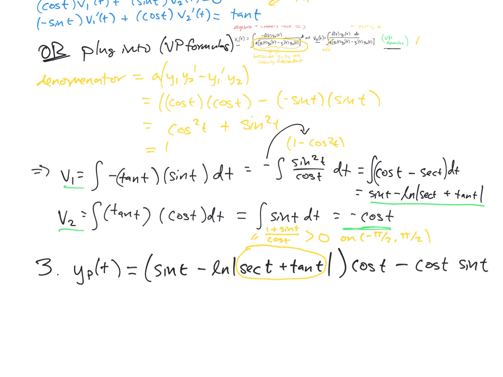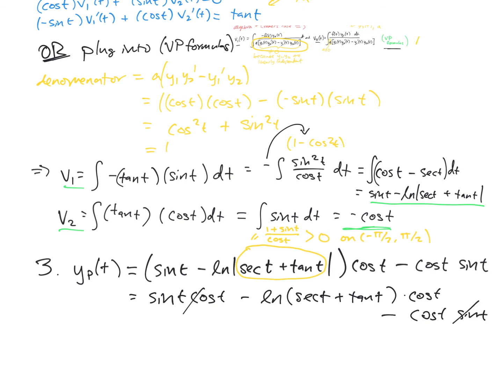And so then this simplifies down to sine t cosine t minus ln of secant t plus tangent t times cosine t, minus cosine t sine t.